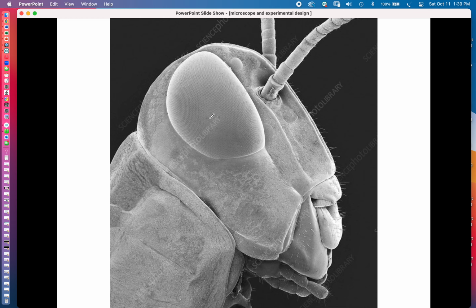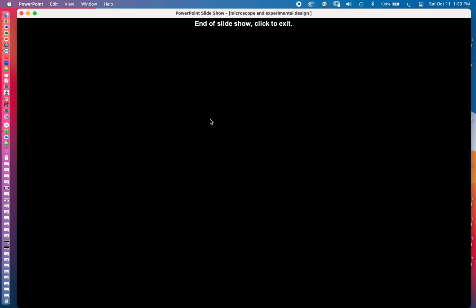So the transmission electron microscope lets light go through the specimen. With the scanning electron microscope, the specimen's been painted, and so the light bounces off it, and we see that.